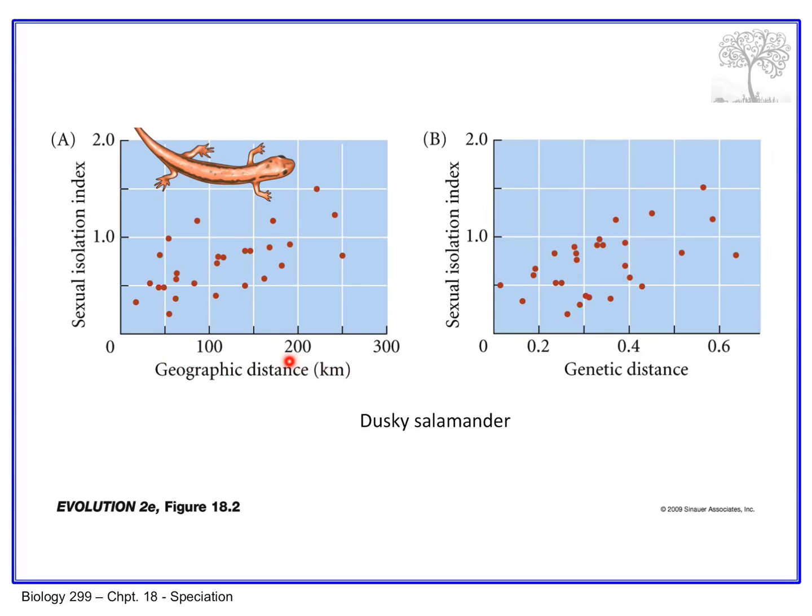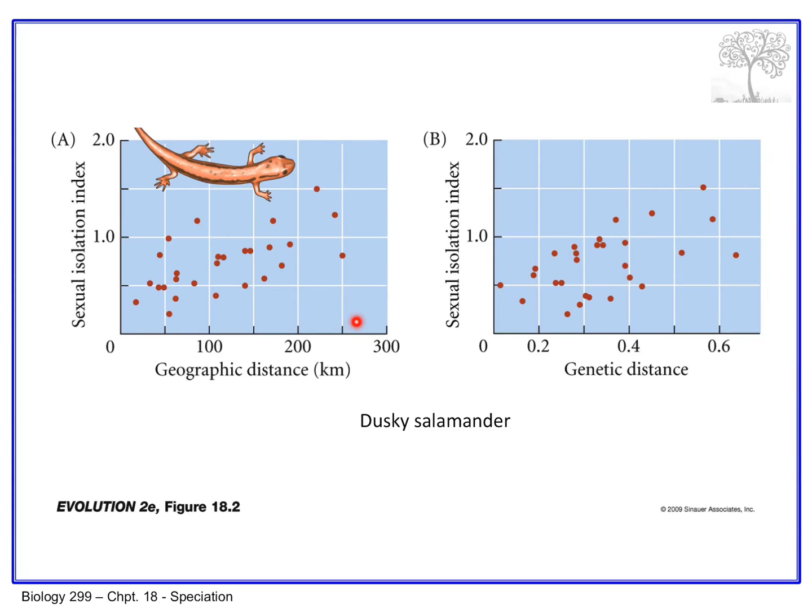Here you have geographic distance in kilometers, and here you have sexual isolation index, which is a measure of how likely, or how successfully, I guess is a better word, individuals from one population are to mate with individuals of another. So what happens is that as geographic distance between populations increases, the sexual isolation index also goes up.